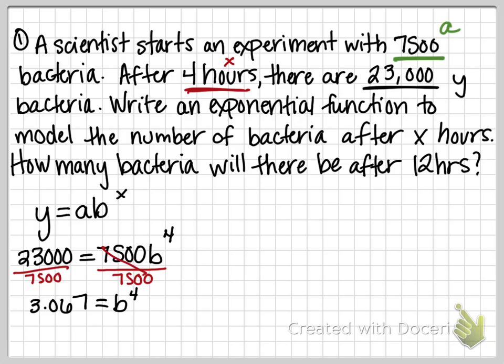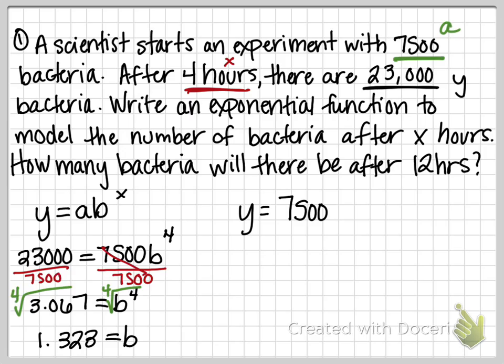Okay. How am I going to get b by itself? Fourth root it, right? Fourth root, because that's the inverse of taking something to the 4th power. And the 4th root of that number is 1.323. Times b, which is 1.323 to the x power.